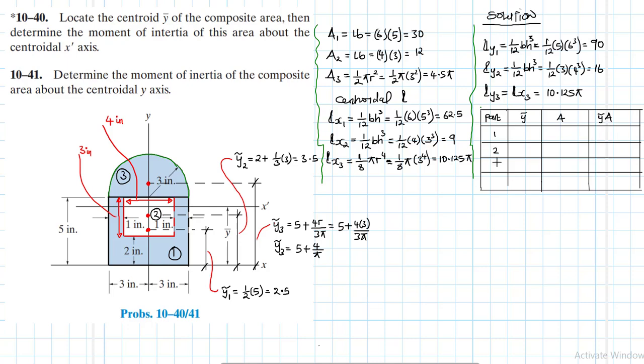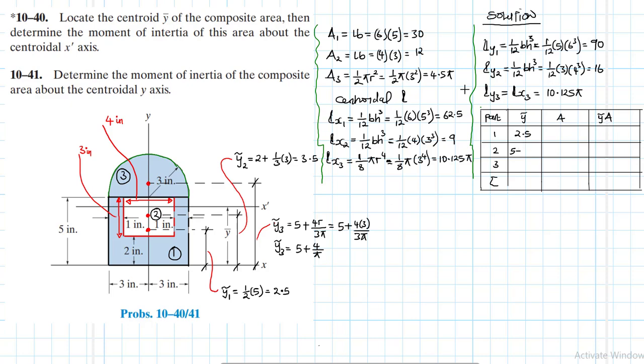Okay, so 1, 2, 3, summation. So for the first one, y curled, what do we have? For the first one, we said it's 2.5.